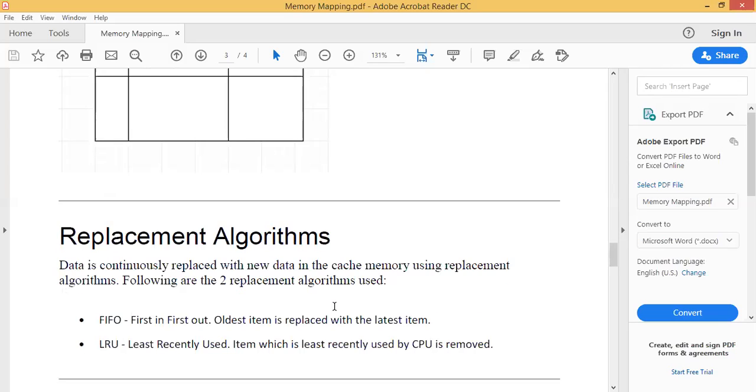There are different types of page replacement algorithm. In computer architecture, data is continuously replaced with new data in the cache memory using a replacement algorithm.